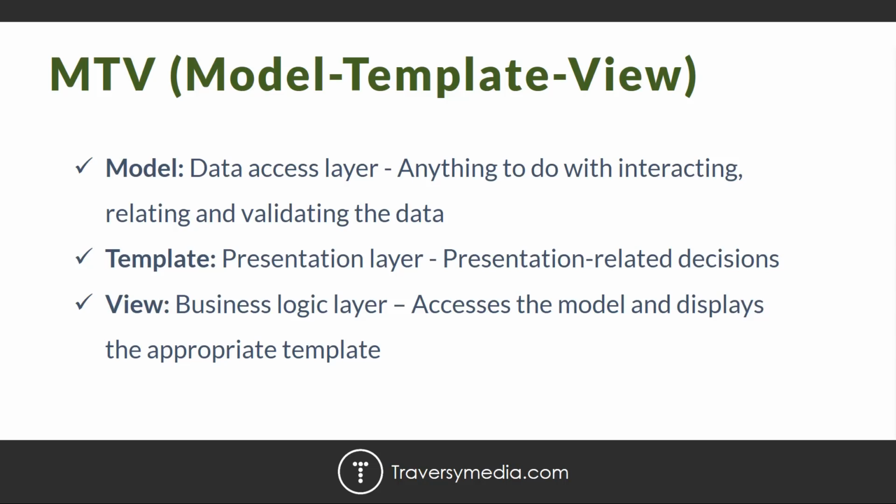Okay, it can access the model directly and displays the appropriate template. So the view works kind of like a view controller, and that's basically a bridge between the models and templates. Okay, a lot of what a traditional controller would do in MVC is actually handled in the view. So that's the biggest difference between how Django works and traditional MVC, like, let's say, Ruby on Rails.